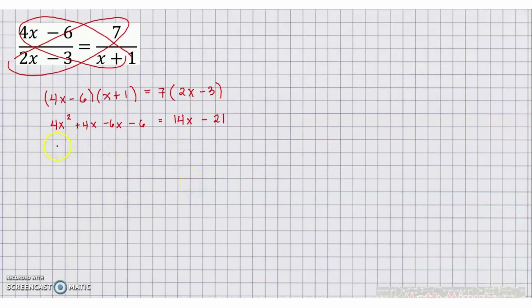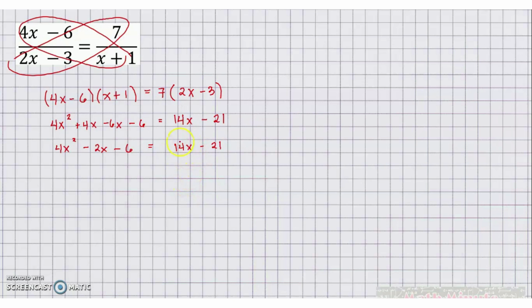So next will be combining similar terms. This will be 4x squared minus 2x minus 6 is equal to 14x minus 21. Then the next thing that you have to do is to put all of the terms on the left-hand side of the equation.